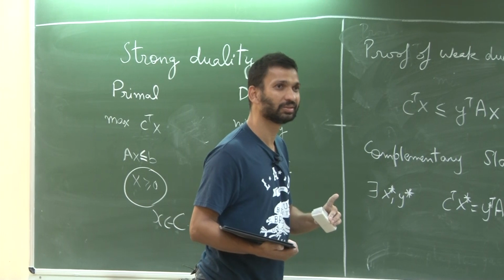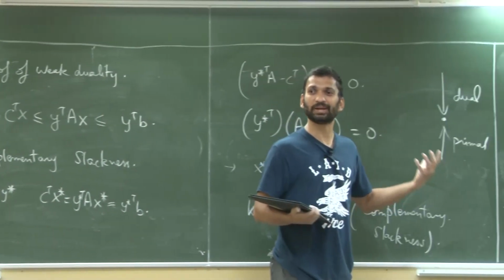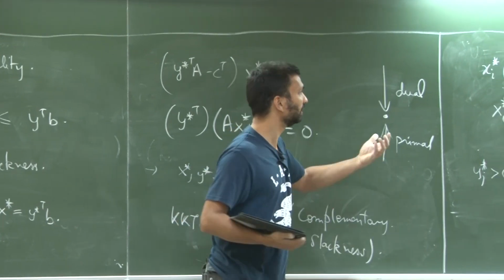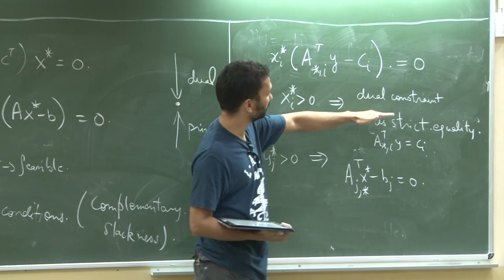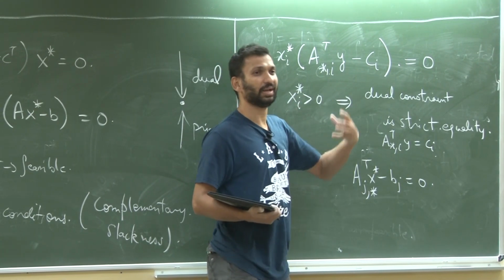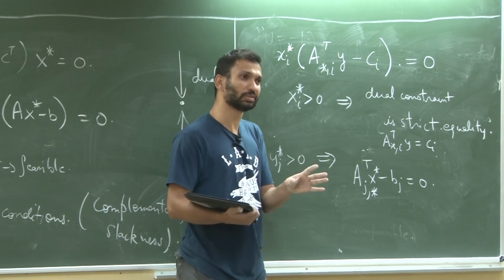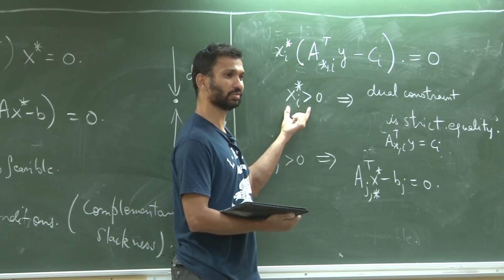Questions? Right? So this is why it is called a nice complementary slackness condition. If my primal variables are non-zero, it tells me about dual constraints. In some sense, this is the idea of the primal-dual algorithms: you start with a solution and you see, oh, this is positive.